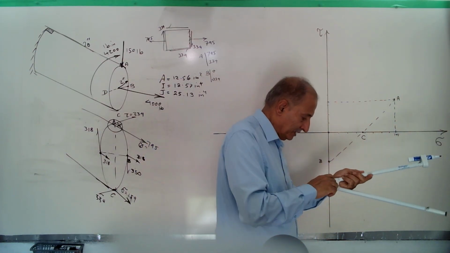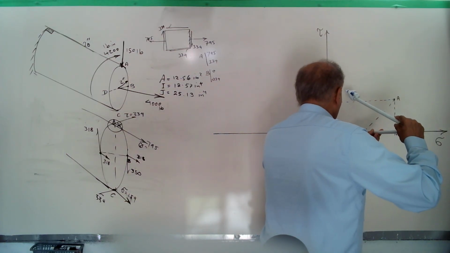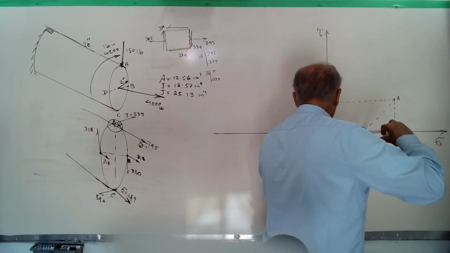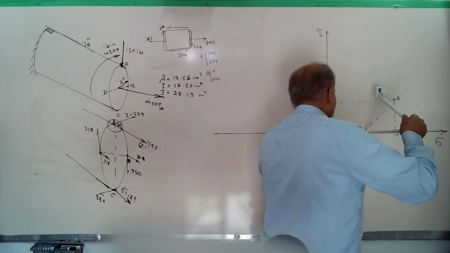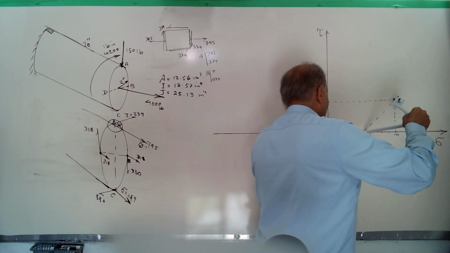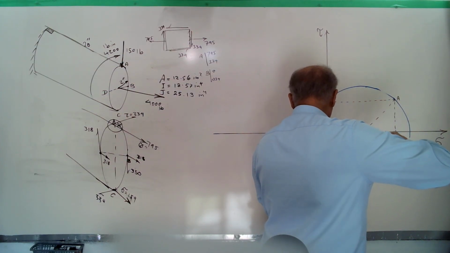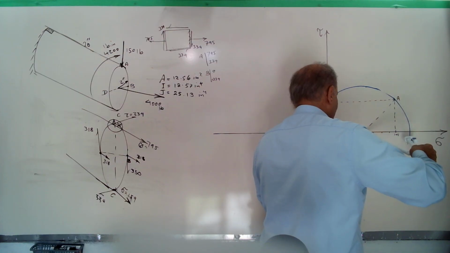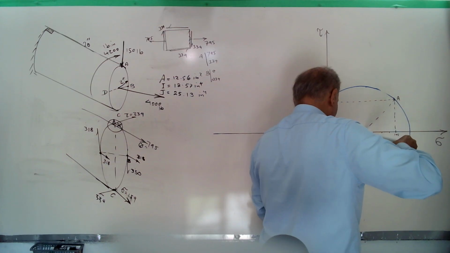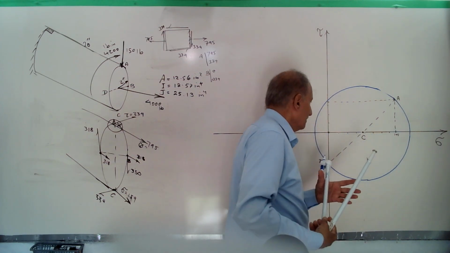Because it moves and it cannot be fixed very well, we just put the point A or B. Okay.